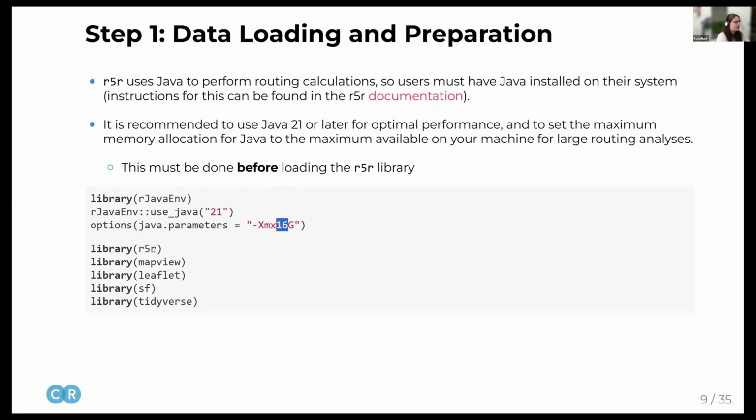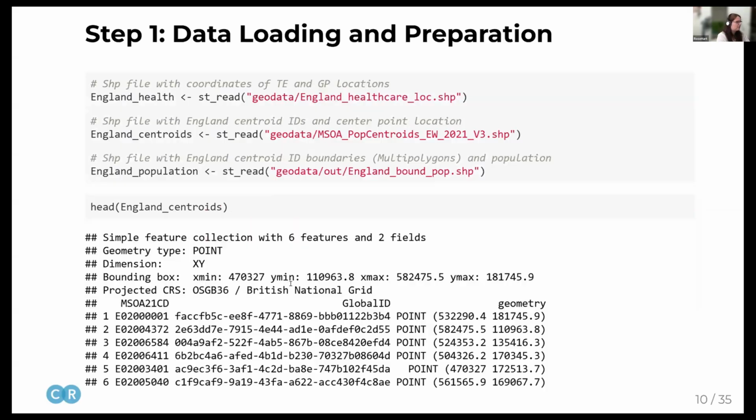For this analysis, we're just using R5R and a couple of mapping libraries, sf, which is your standard tool for handling spatial vector data. That's nothing exciting. Using those links I showed you earlier, we've got these shape files which we've downloaded, and this is just England health data and population data. What you need essentially is our IDs and the geometry for our points.